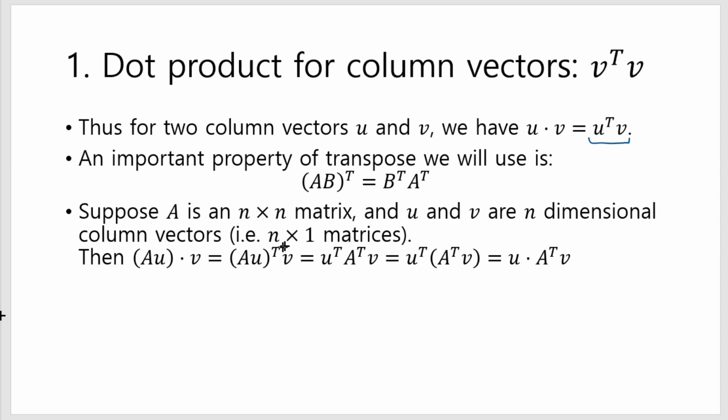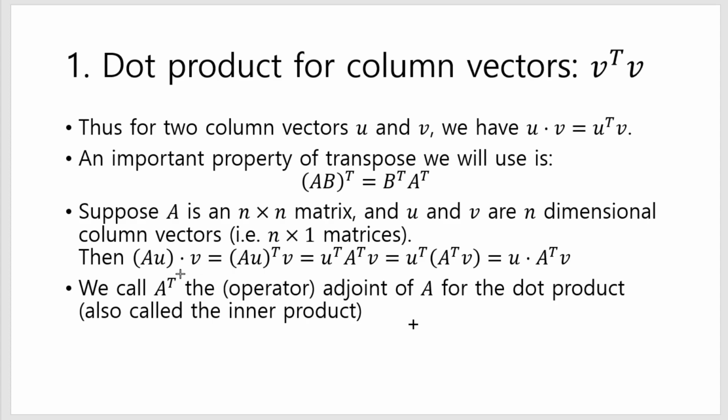So rewrite this as the transpose, and then we use the above property. Now these two orders get flipped. So it's U transpose A transpose V. This is a square matrix times a column vector, which gives you another column vector. So you can think of this as U transpose times another vector. So that's also a dot product. And if you look at what happened in this calculation, you see that A now became A transpose, right?